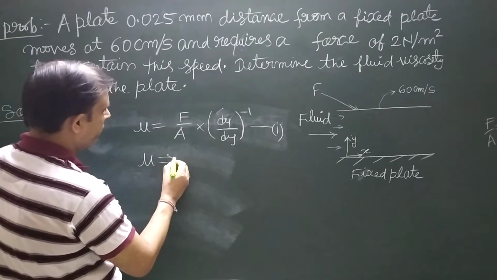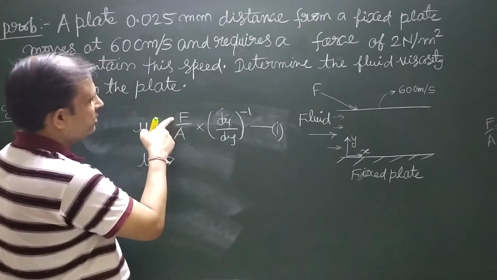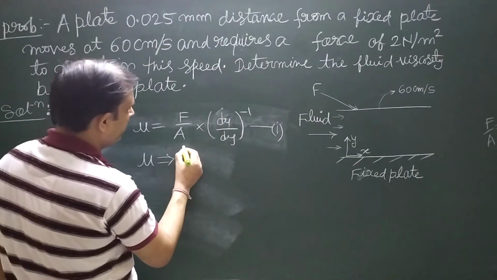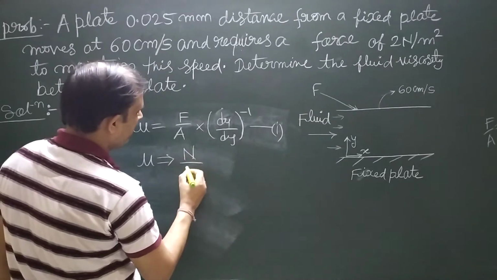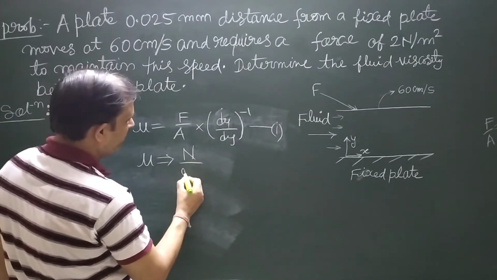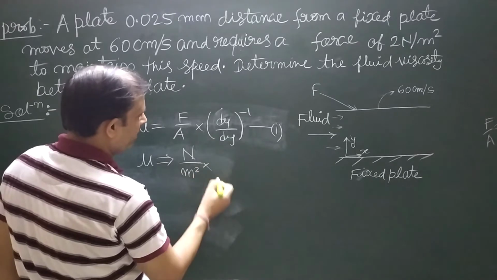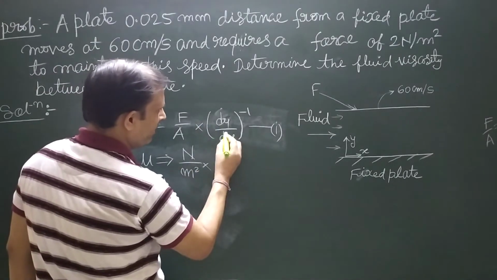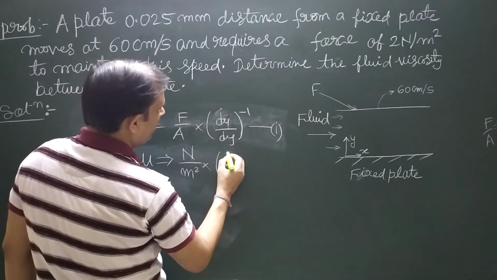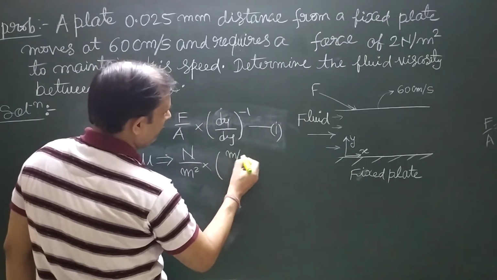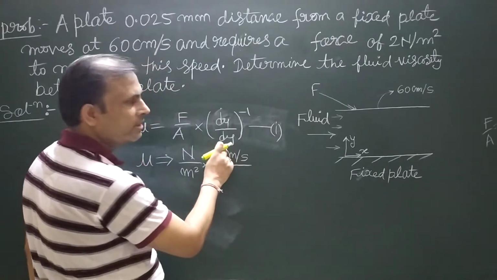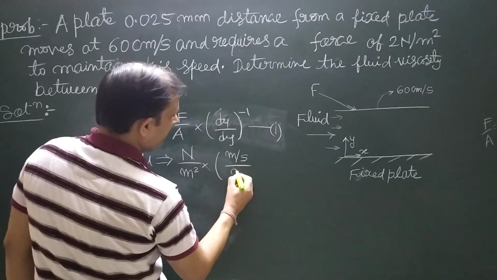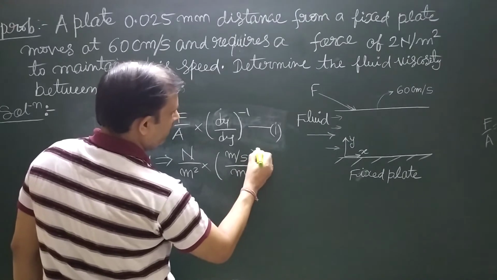So mu equals F by A. F is force, so the unit of force is Newton. Newton per area, per meter square, into du by dy. du is velocity, so it will be meter per second, and dy is the distance between these two plates, meaning meter, inverse.